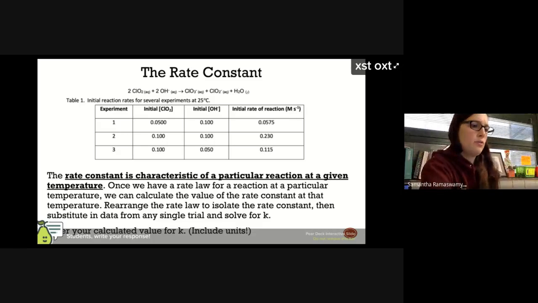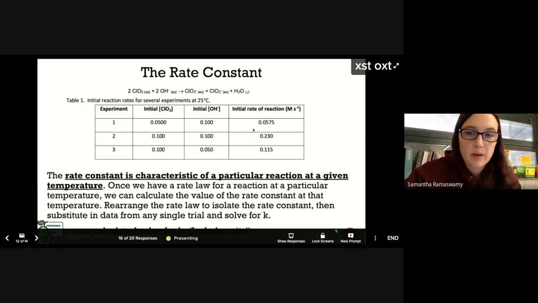So as you are working through everything, remember that ClO2 is squared. So when you're plugging into the rate law, you should have rate equals K times ClO2 squared times OH minus.